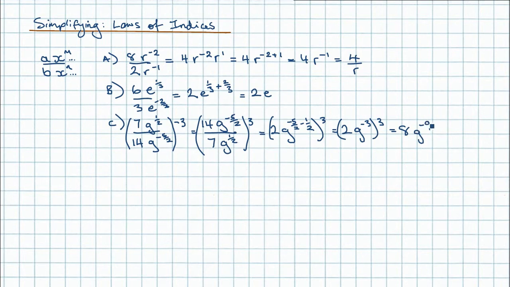Now, g to the minus 9, we always want to simplify to finish without a negative index. So we now have 8 over g to the 9. So our answer is 8 over g to the 9. Nice and straightforward, and a lovely fractional expression to finish.